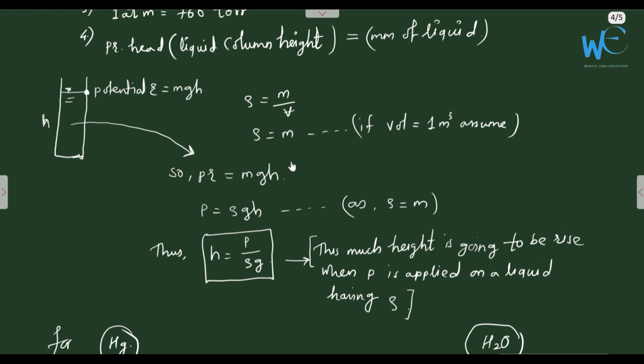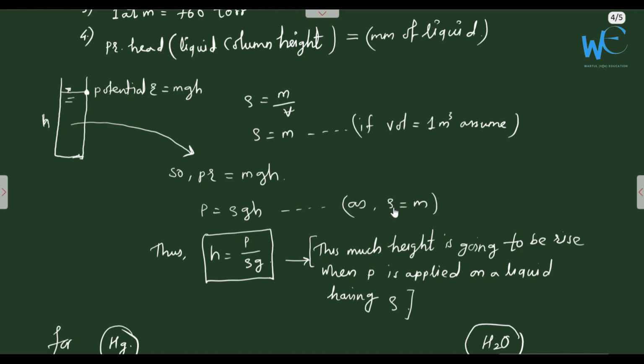So after taking volume as 1 meter cube, density is nothing but mass. So already we used one potential energy, which is mgh.